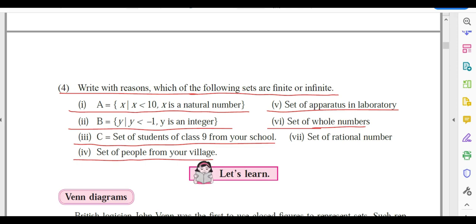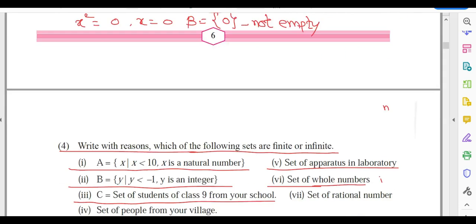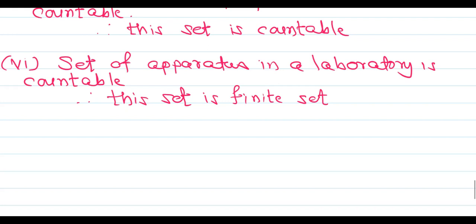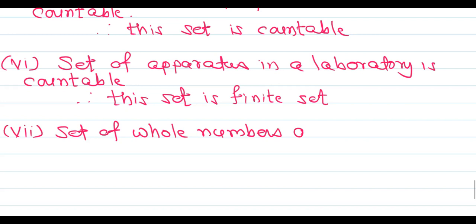The set of whole numbers is an infinite set.